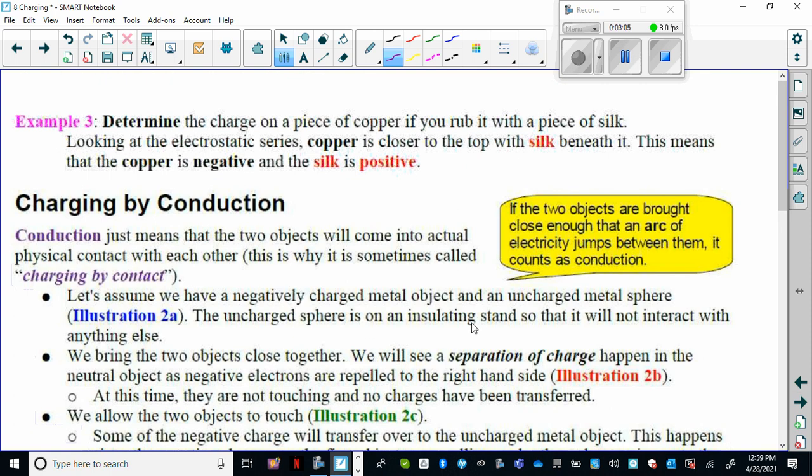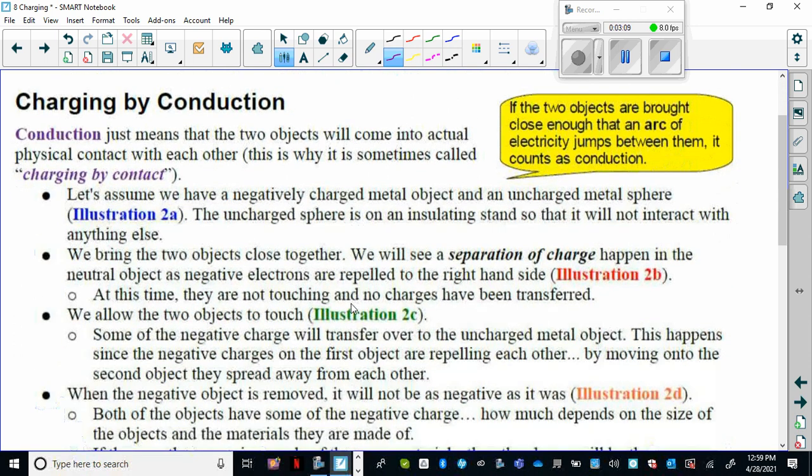Next, we go to charging by conduction. And conduction means touching, charging by contact. When two objects come into contact with one another, then electrons can transfer from one to the other. So that's a key point: when they're touching, electrons can be transferred from one object to the other.